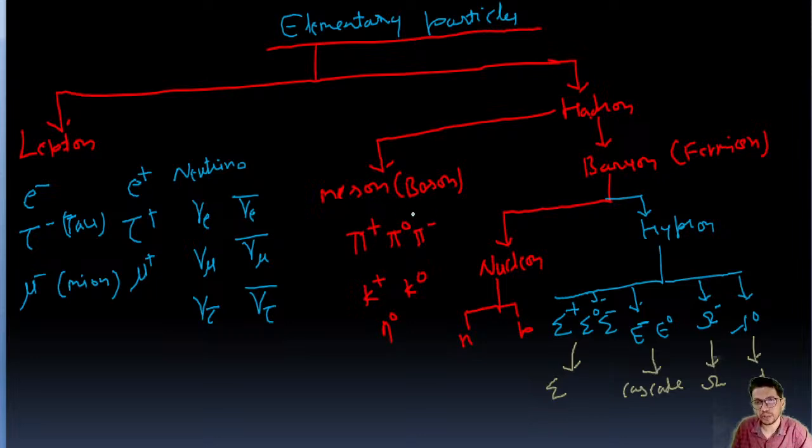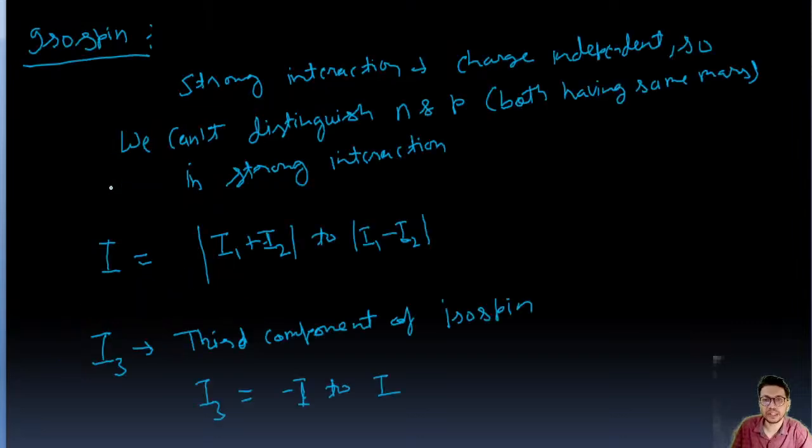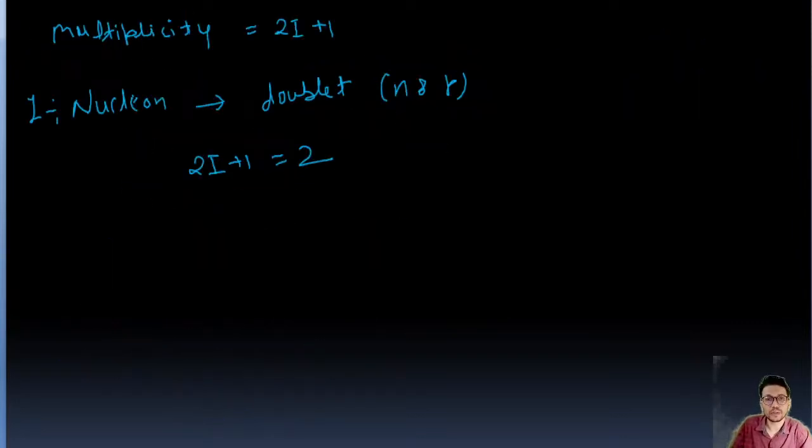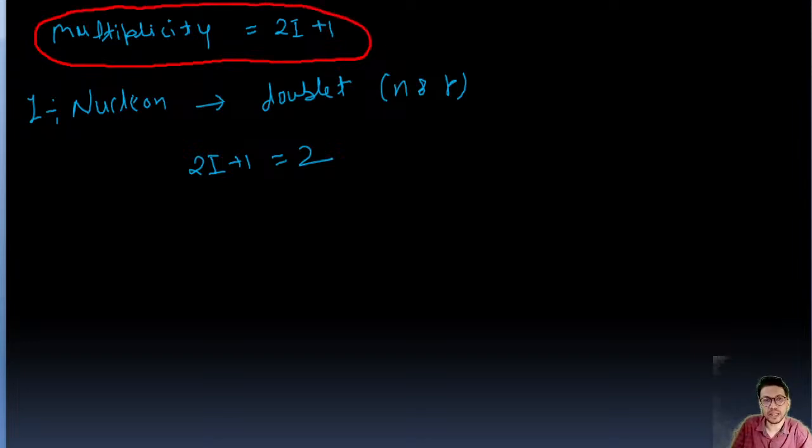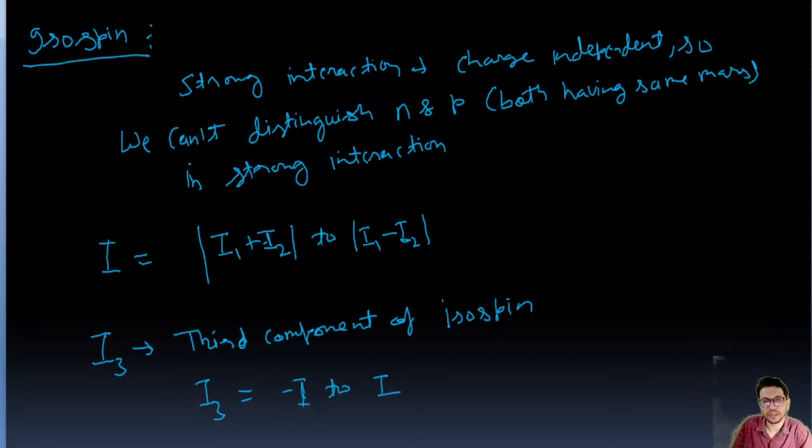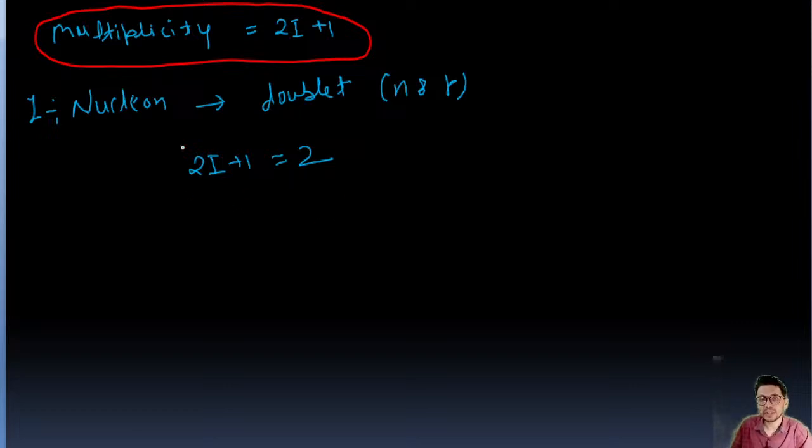Pion has three particles, kaon has two, sigma has three. The formula multiplicity equals 2I plus 1 is very important. If we know this, we can easily find the isospin. For the nucleon, a doublet with two particles, 2I plus 1 equals 2, so 2I is 1 and I is 1 by 2.